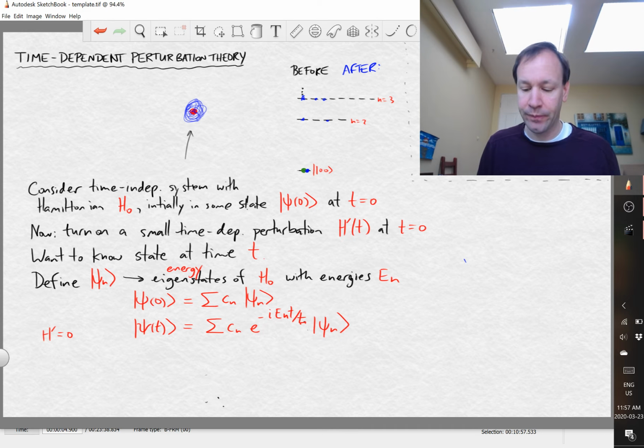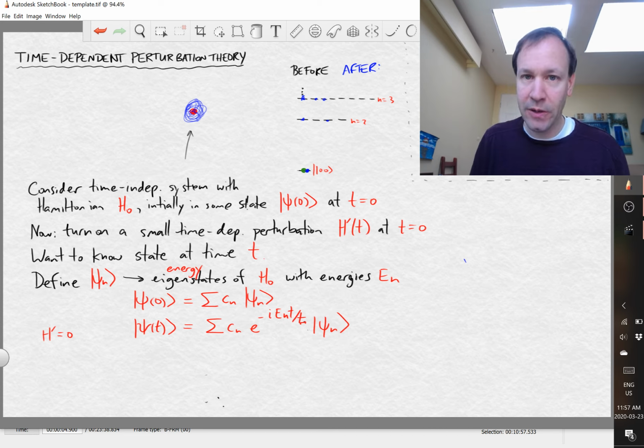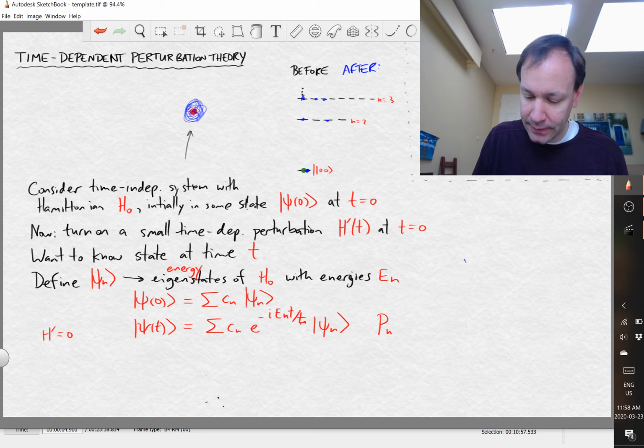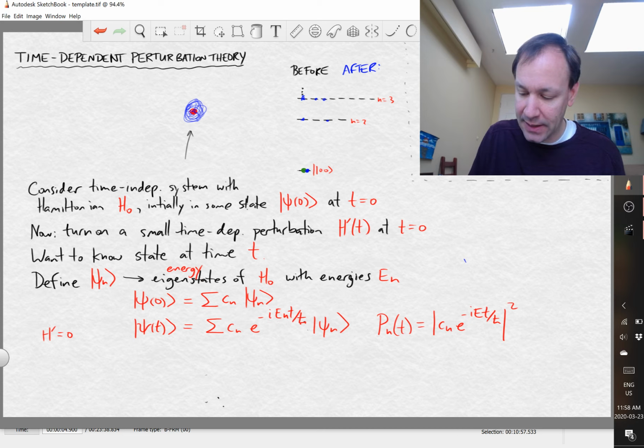Okay. And so in particular, if we want to ask what is the probability that if I measure the energy at time t, I'll find the energy En, well, that's going to be independent of time. So Pn of t is the coefficient of our energy eigenstate all squared, and that's Cn squared, and that is independent of time.